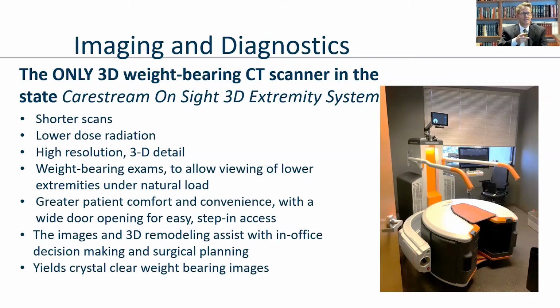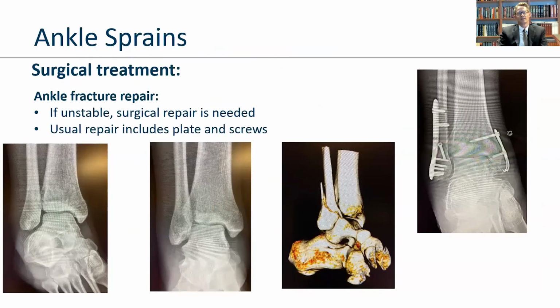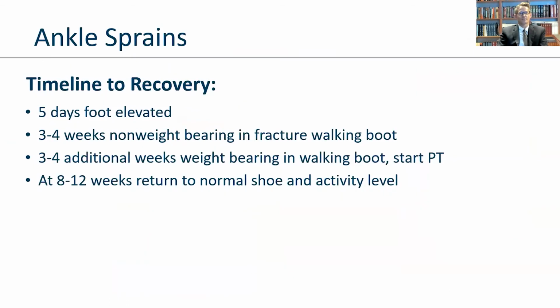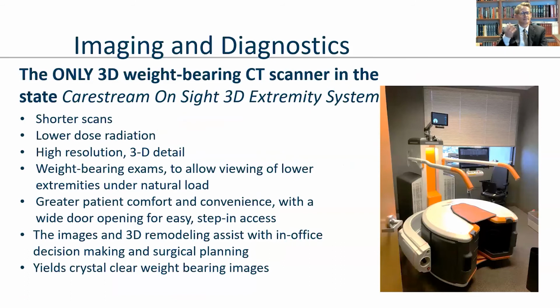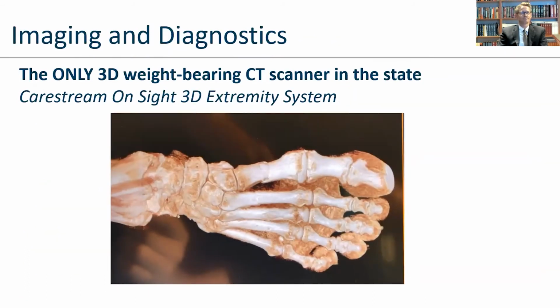So this is lower dose radiation, gives me better images. It even does a 3D remodeling, and that was the picture there. That third picture, that is a 3D rendering of that ankle fracture. And it's the best imaging that you can get at this point in time.